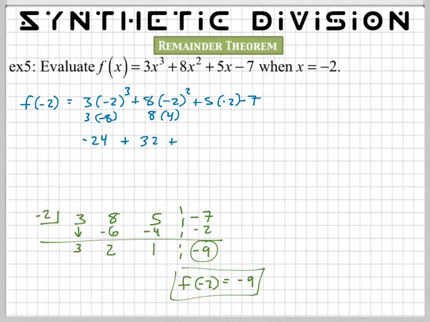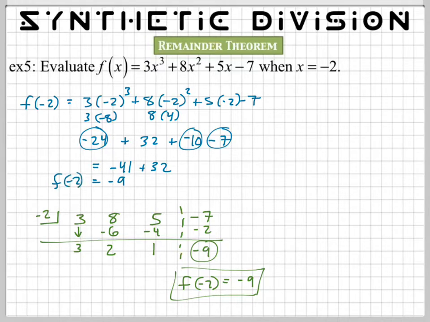Plus, -2 times 5 would be -10, and then I would subtract 7 from that. If I were to add all my negatives together, I would get -34, -41. And then I would add 32 to that. So what would I get when I add those two? -9. You see? f(-2) is -9.